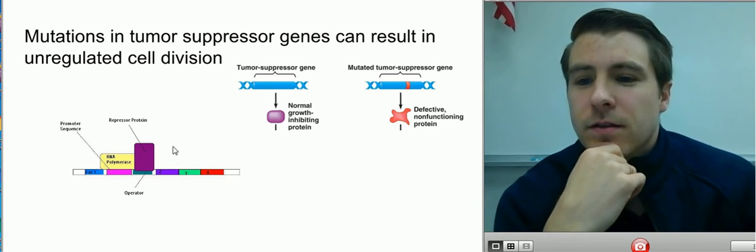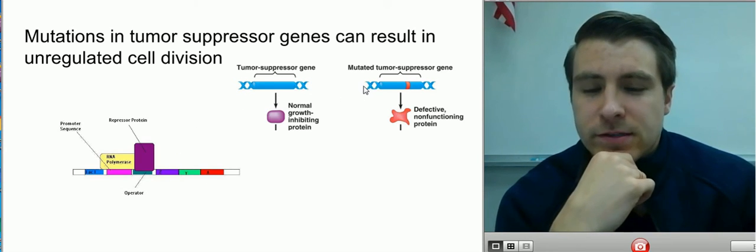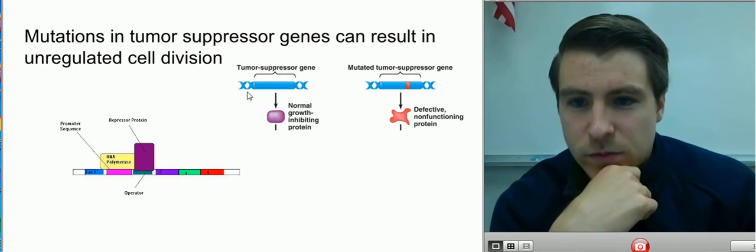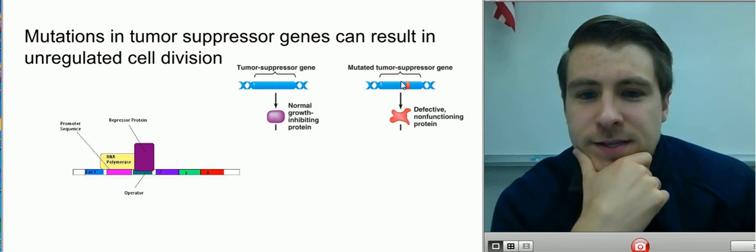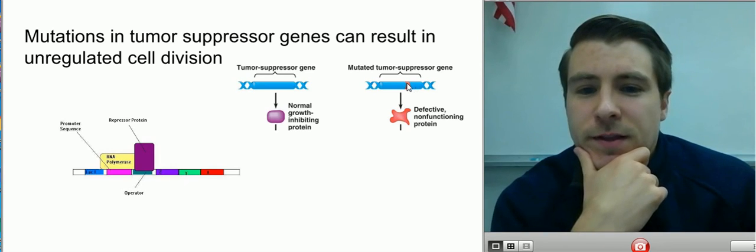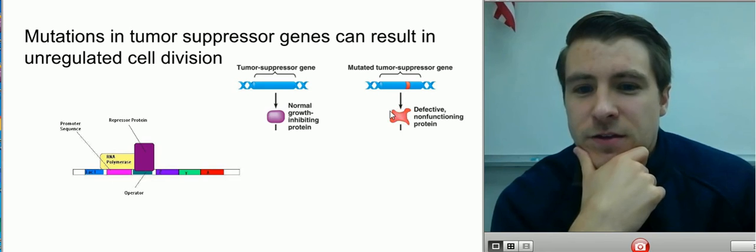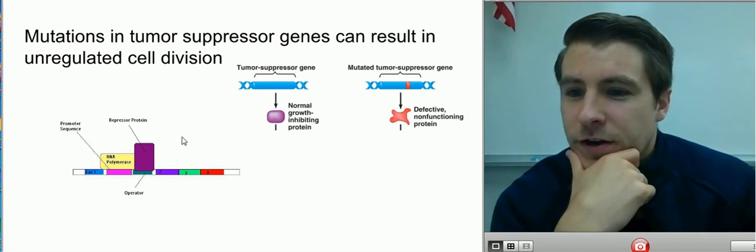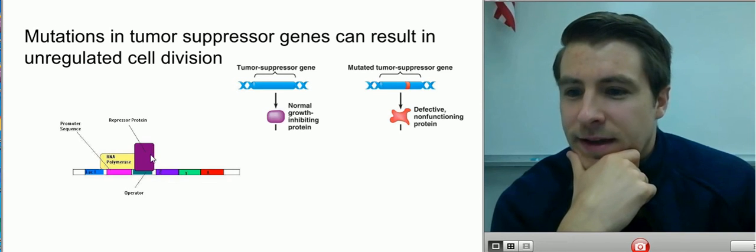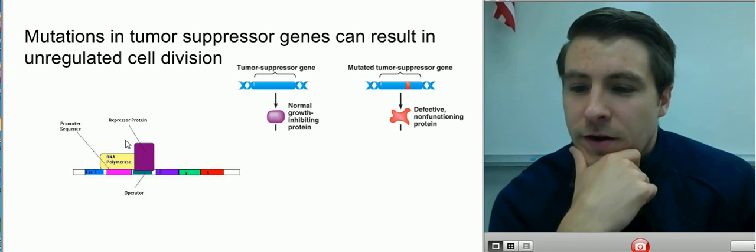Now, unfortunately, those who have cancer or are prone to cancer often have a mutated tumor suppressor gene. So it's the same gene as this one here on the left, but for them there is a mutation located right here, that little red band. And that mutation ultimately leads to a defective and misshaped tumor suppressor. And so you can picture this red tumor suppressor trying to come over here and bind just like the normal repressor, but because it's misshapen, it doesn't connect, it doesn't bind, and therefore it does not block the RNA polymerase.